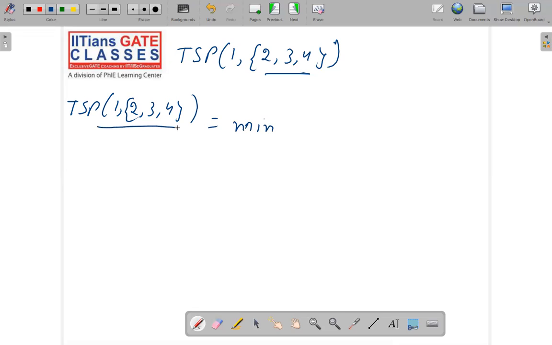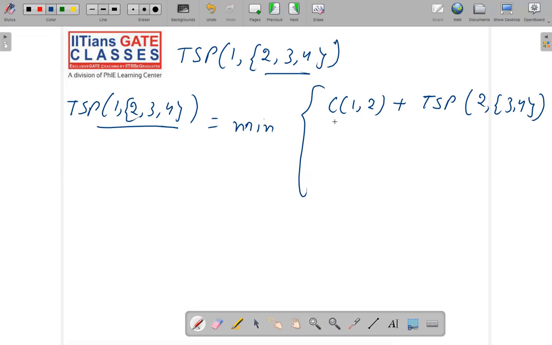So the solution, as per the algorithm, is the minimum of the cost of 1 to 2 plus, again applying the same algorithm and eliminating 1 for now, TSP 2, {3, 4}.